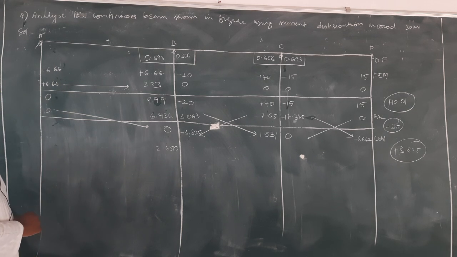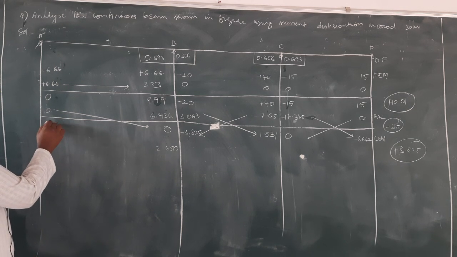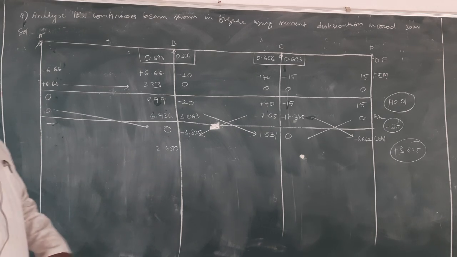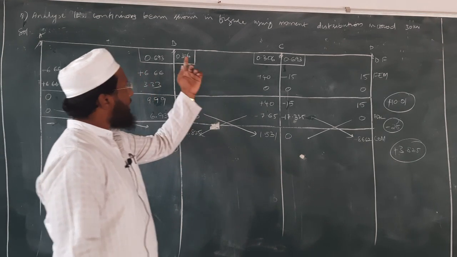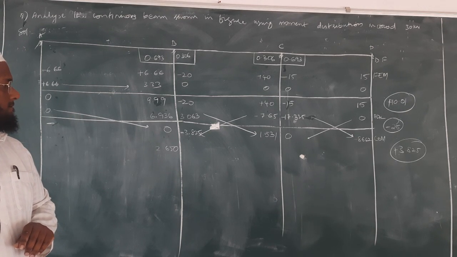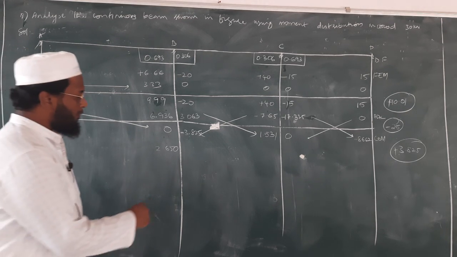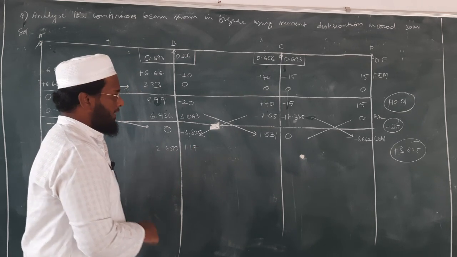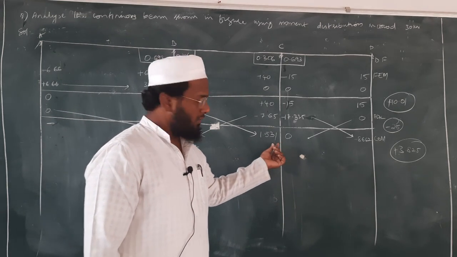Next. Tell me. 3.825 into 0.306. 1.17. Okay.